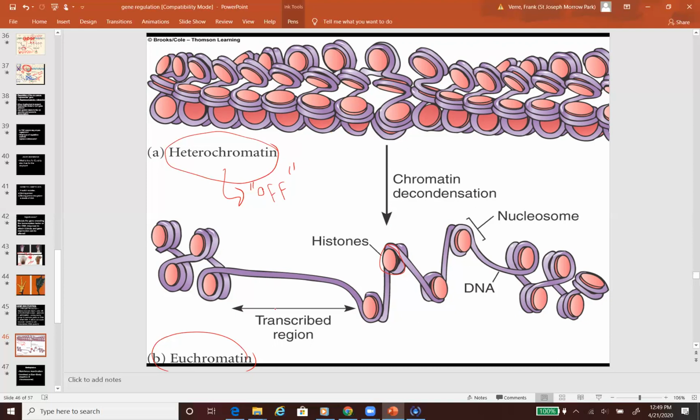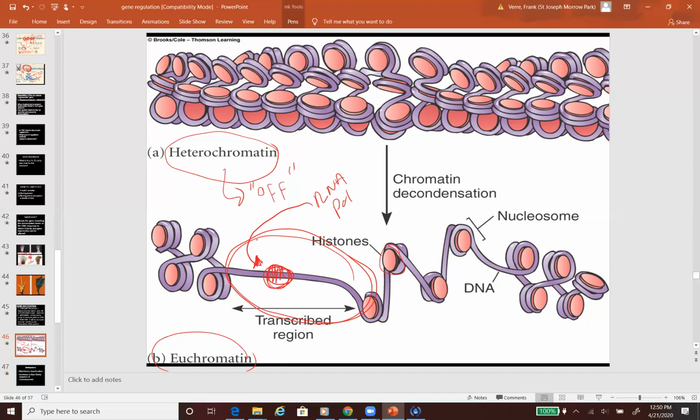But if I look over here, you notice that we have exposed DNA, right? Which means something like RNA polymerase has access. If there's a gene sitting in this region right over here, now RNA polymerase has access to that gene.